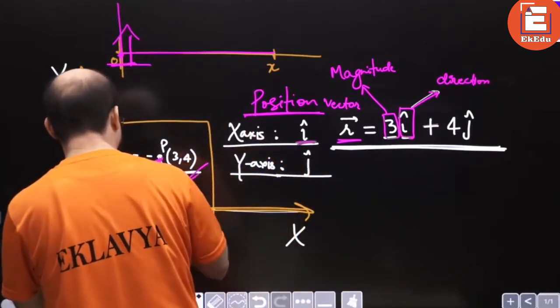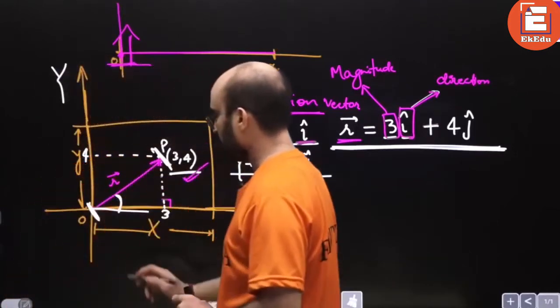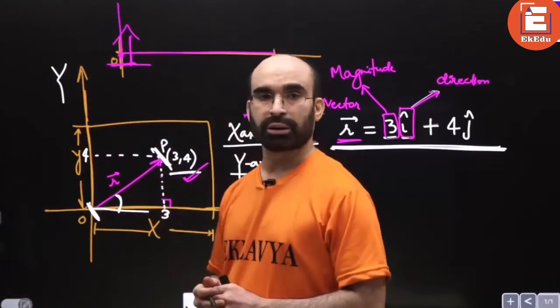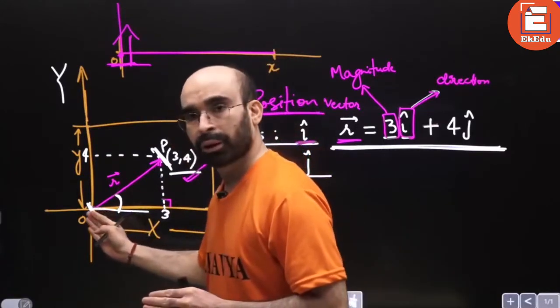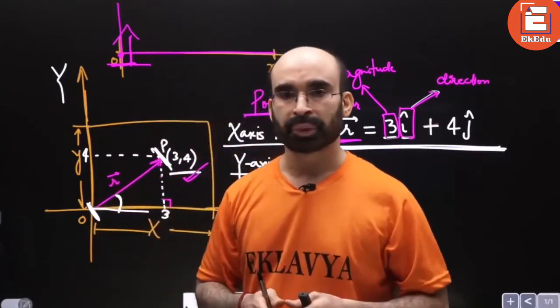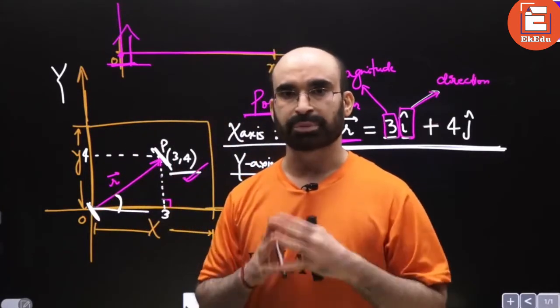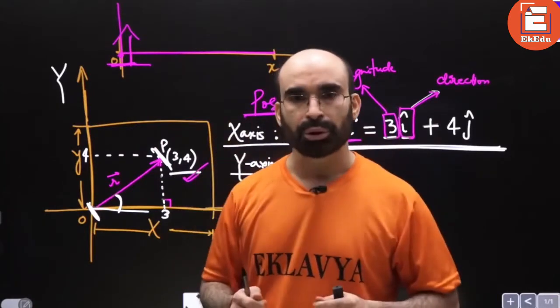This OP can be considered as the length of the vector, right? OP is the length of the vector, and is the magnitude from this reference point. What is that displacement? What is that magnitude?